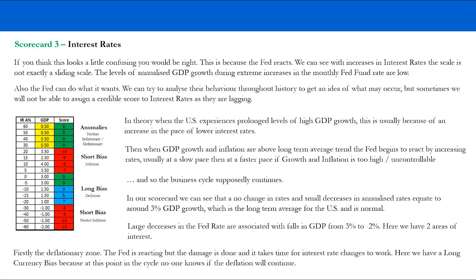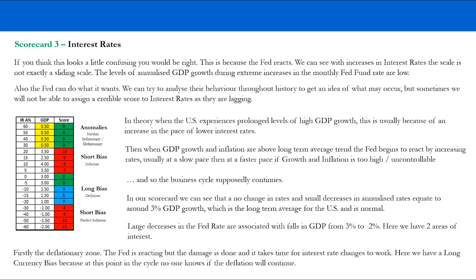So we tend to find with lagging indicators that we do get anomalies in data in economics. Now, we can try to analyze their behavior throughout history so we can get an idea of what may occur, but sometimes because of these anomalies, we won't be able to assign a credible score to interest rates because they are lagging, so a credible score in our overall systematic process.